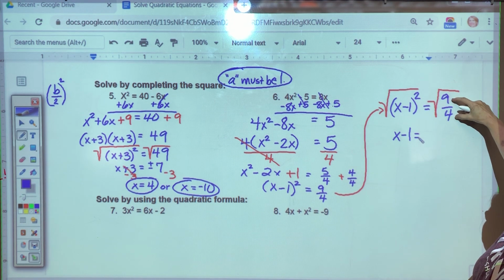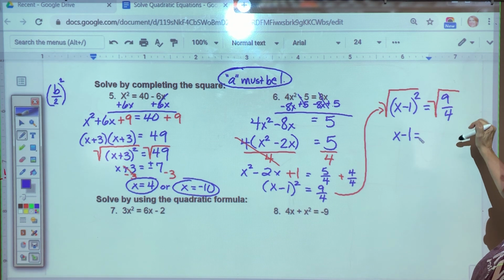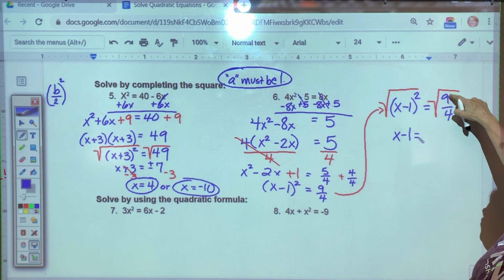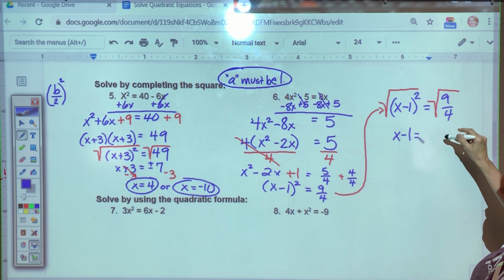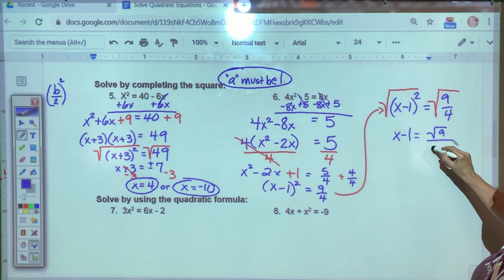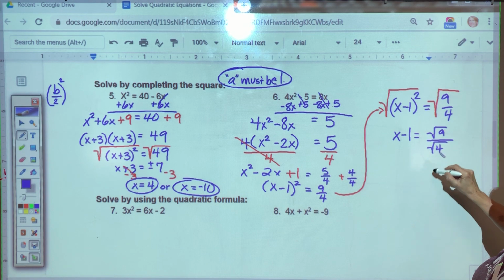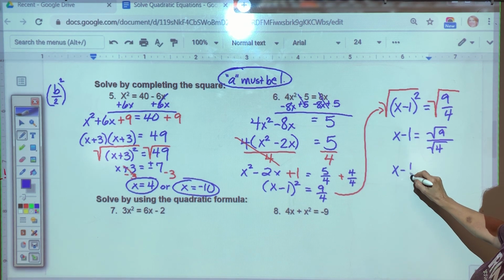And again, either with multiplication or with division, I can go ahead and split these guys apart. I can refer to this as the square root of 9 over the square root of 4. So we'll bring that down.